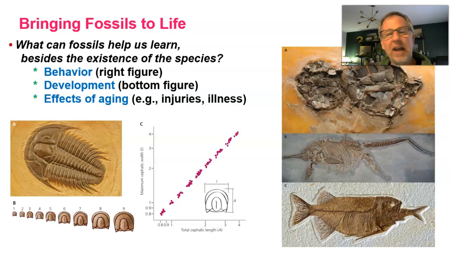So we have an understanding of what kind of reproductive strategy the ichthyosaurs used. The overall point here is that fossils do more than just tell us that a species existed. We can actually learn about behaviors, growth patterns, ecosystems, all kinds of things like that.